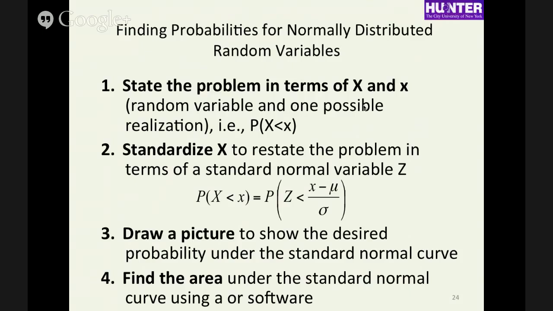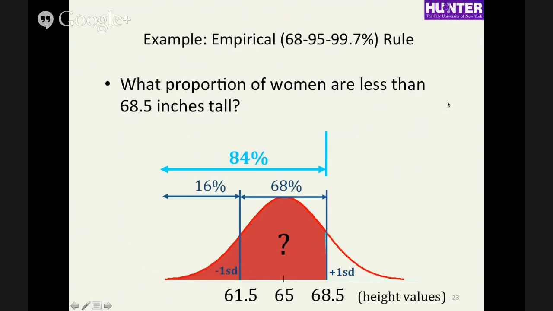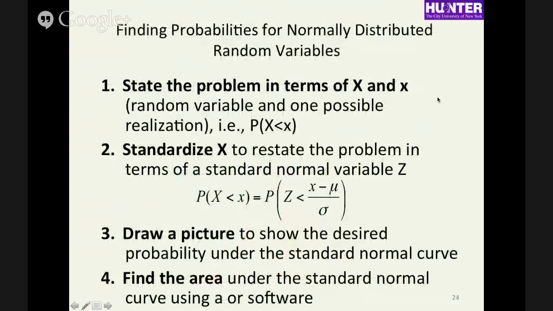Because we might not always just ask you for something that is under one tail. It might not just be everything, but we might actually give you two limits and say what's the probability of a value between those two limits.